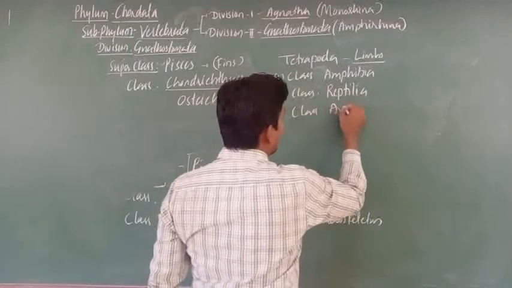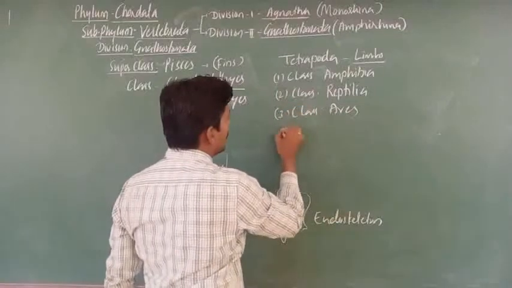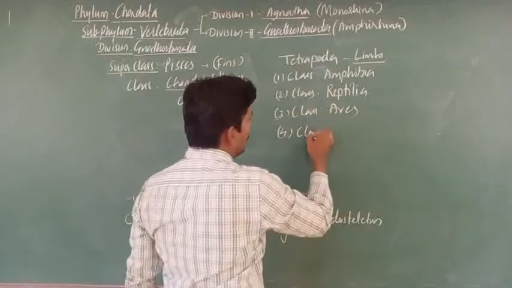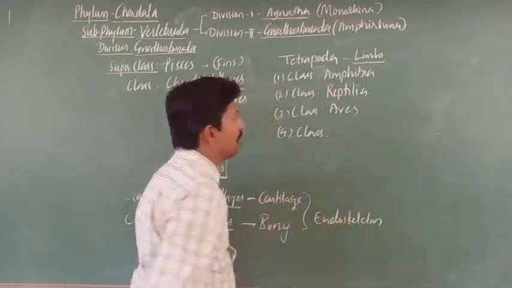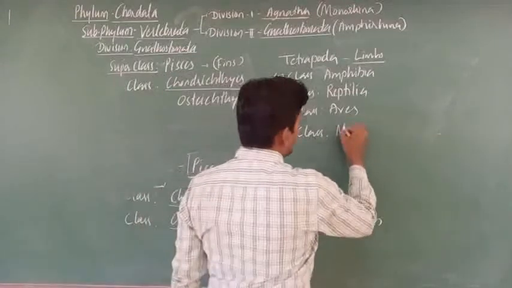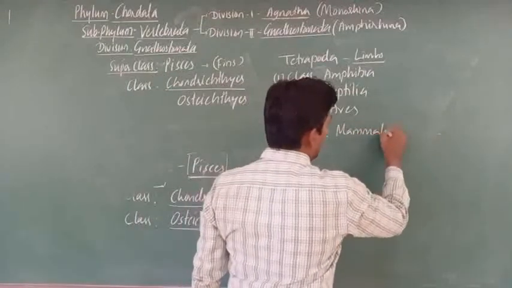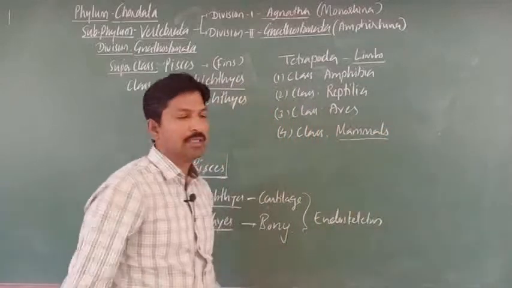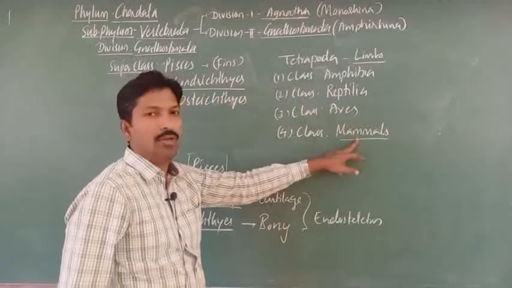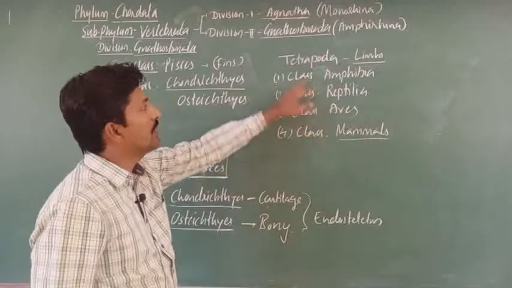Class Aves is the third class, and the fourth and last is class Mammalia, including man. So these are the four classes studied under Tetrapoda.